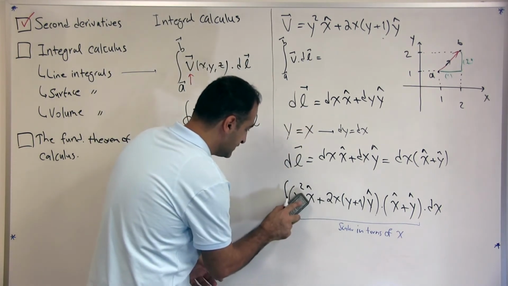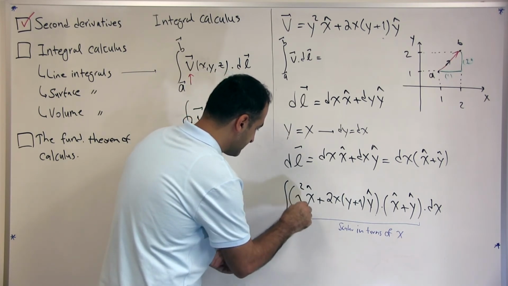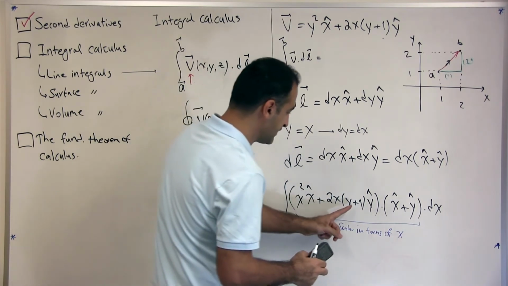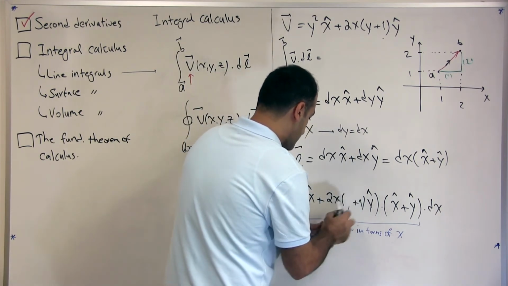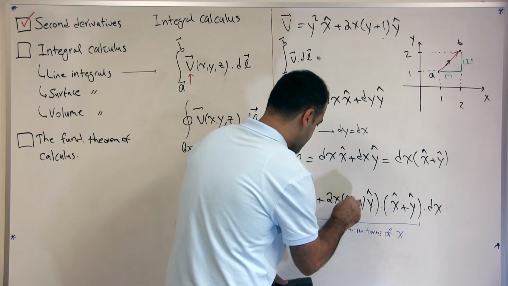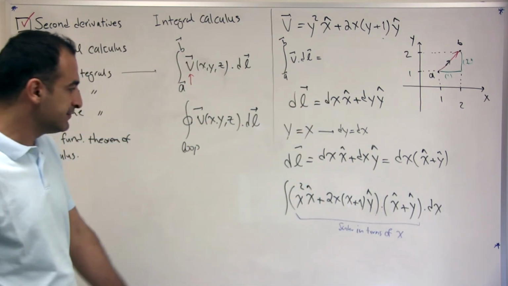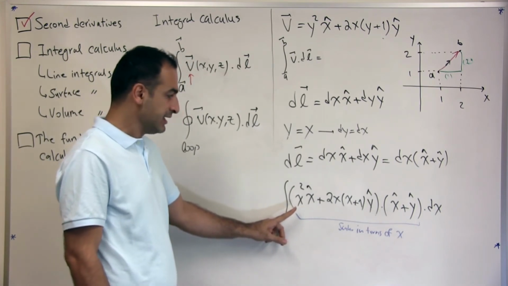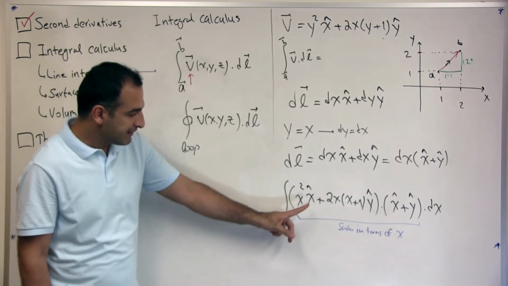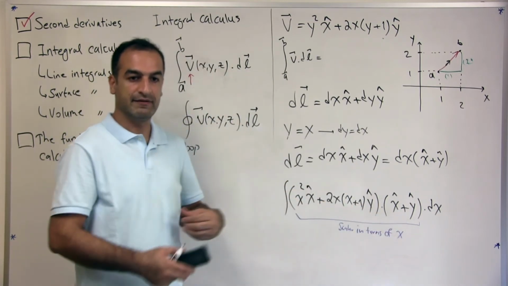This y squared, I'm going to change and make x squared. And here, in 2xy plus 1, I'm going to get rid of the y and make it x. Now, we don't have any y here, we only have x. And then we have x hat and y hat, but because we are doing the dot product, we're going to get rid of them as well.